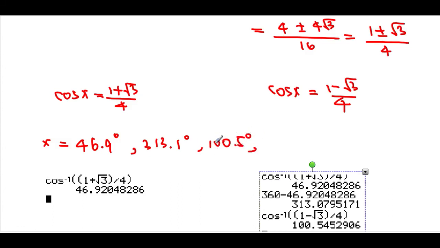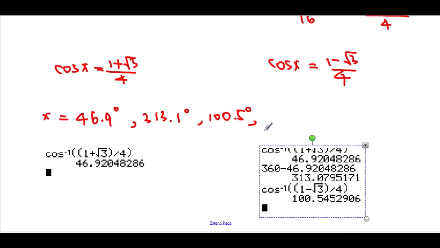Then this is from the second quadrant. Then the third quadrant is also the answer. But notice that when you subtract it from 180, the reference angle here is 79.5. So when you add 79.5 to 180, we get 259.5, I believe, becomes our answer also.